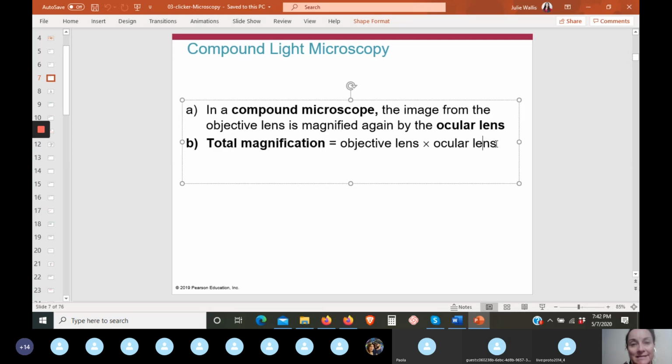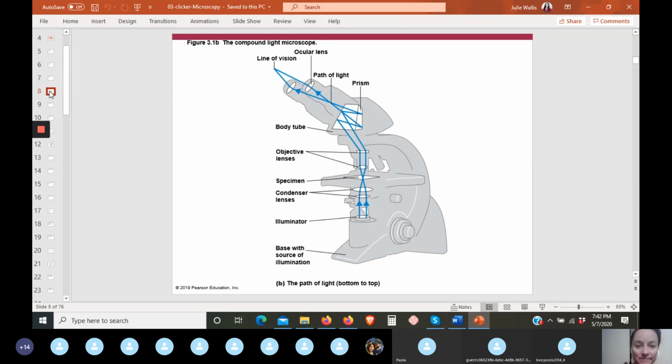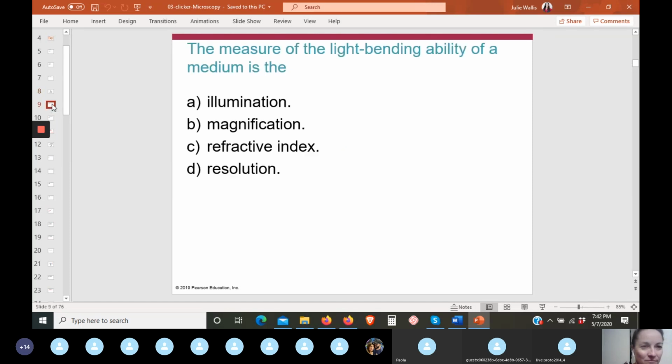The ocular lens is 10 times. So the way that you calculate total magnification is the objective lens times the ocular lens. I think that's a later question, but now I just gave you a heads up for it. All right. 57% of you said B. The measure of the light bending ability of a medium is which of these?